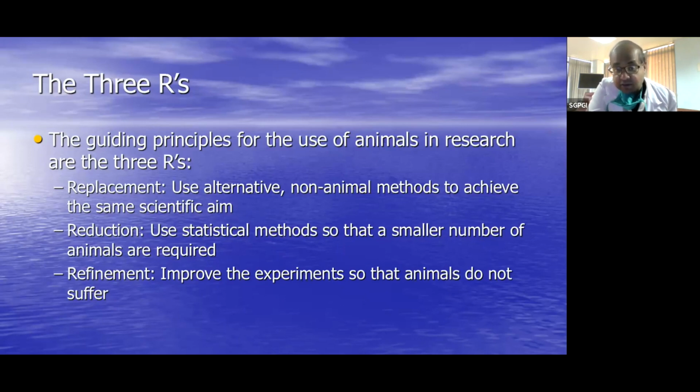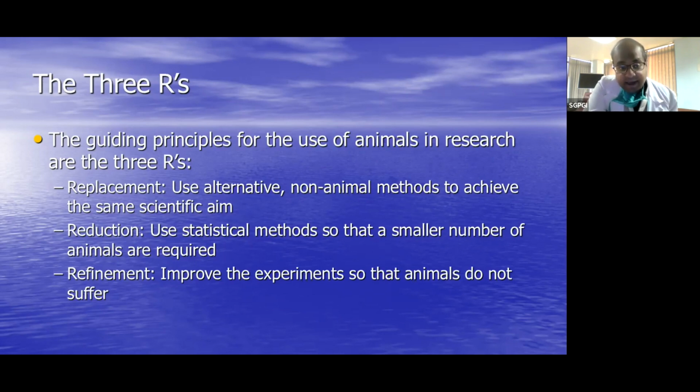But if there are ways to get around that using in silico approaches, it should be promoted. This has been introduced in schools, and in some cases computer modeling is equally good in educating students about animal organs, the physiology, and other things. So replacement is a good thing.